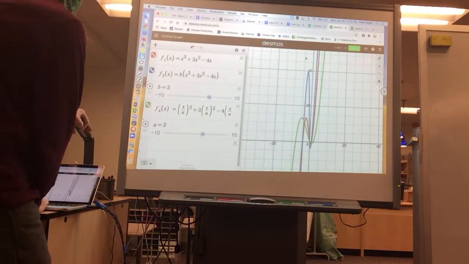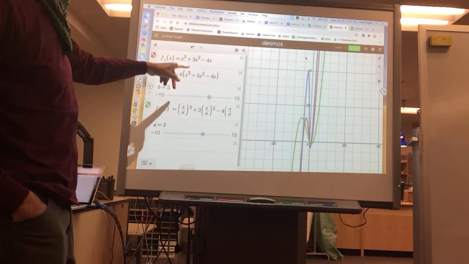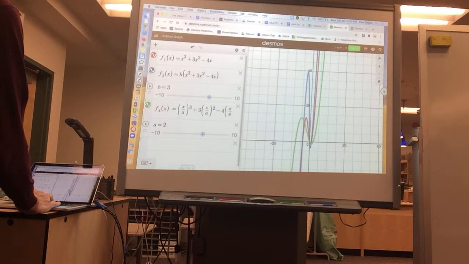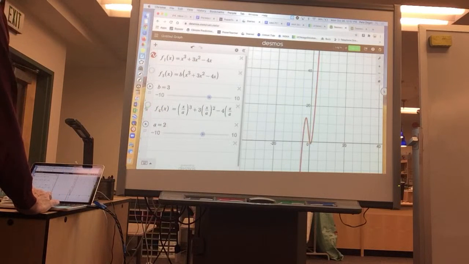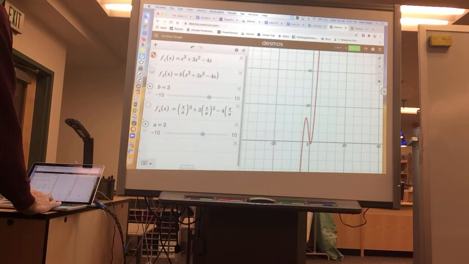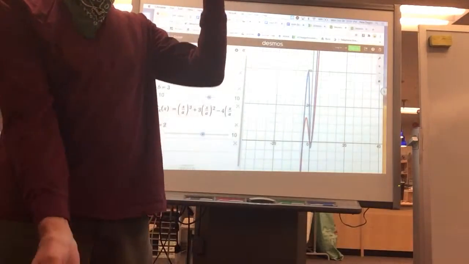All right, let's take a look at this. So here's what we've done. First function we looked at was x cubed plus 3x squared minus 4x. That was the red function there. So we took a look at when we then multiplied the entire function by a value. When we multiply the entire function, we get a vertical change.